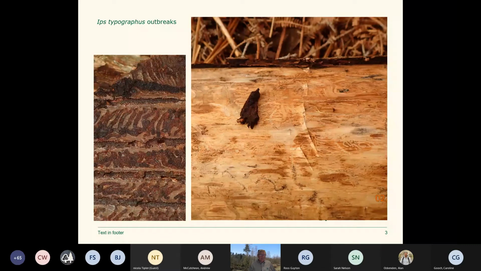We also have had nearly 30 years of surveying for it through two methods.